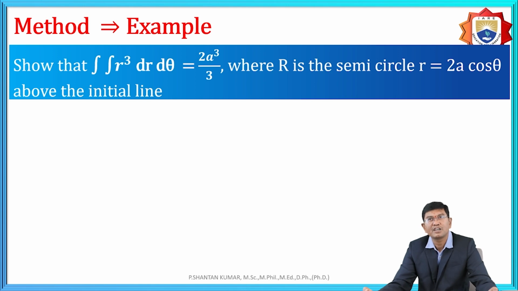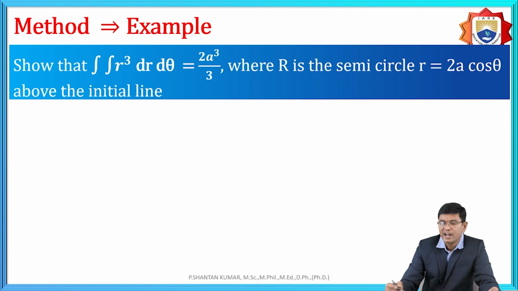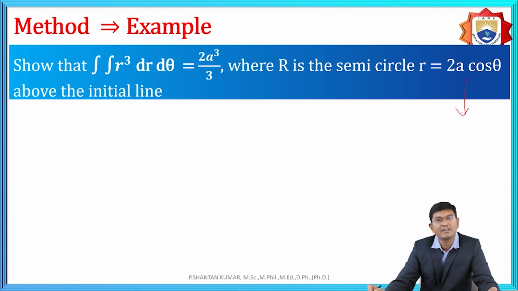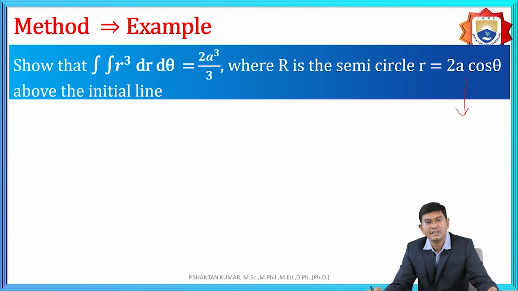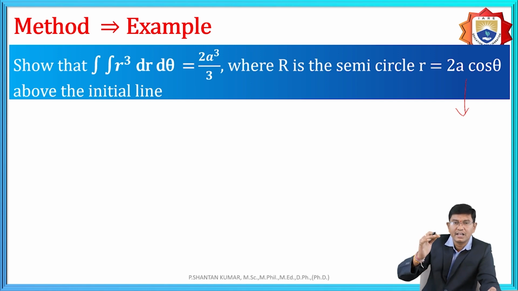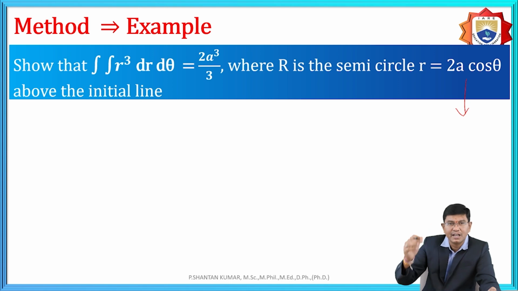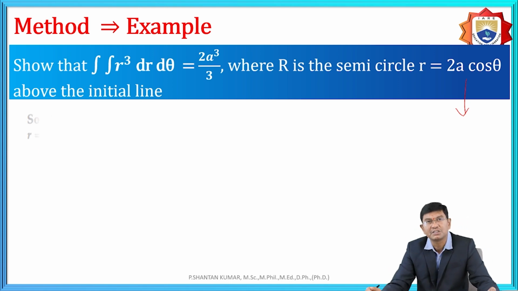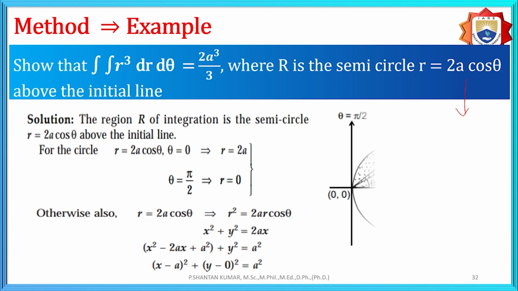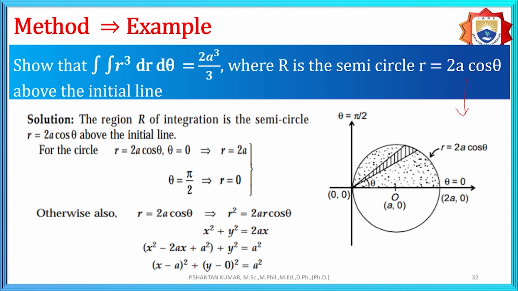Here also, r equal to a into cos theta is nothing but one type of circle. As given, r equal to a cos theta, cos theta gives a circle above the x-axis. We need to draw the diagram of the circle with the help of the conditions.